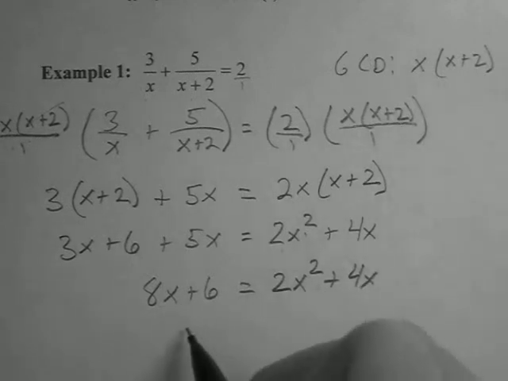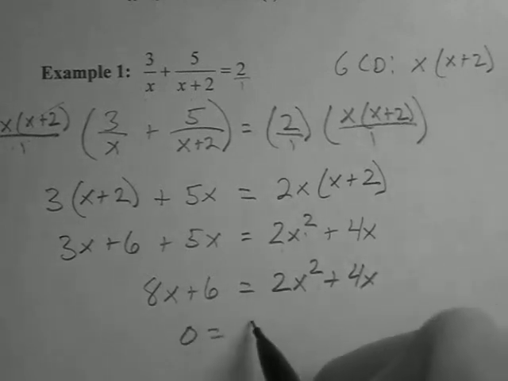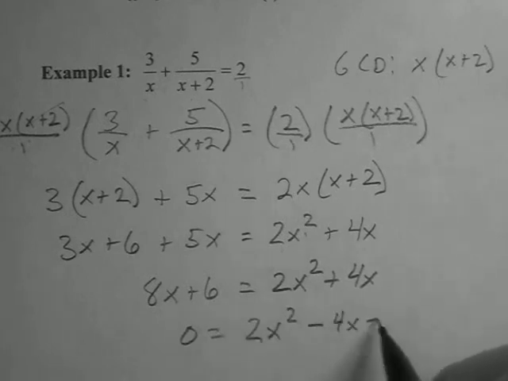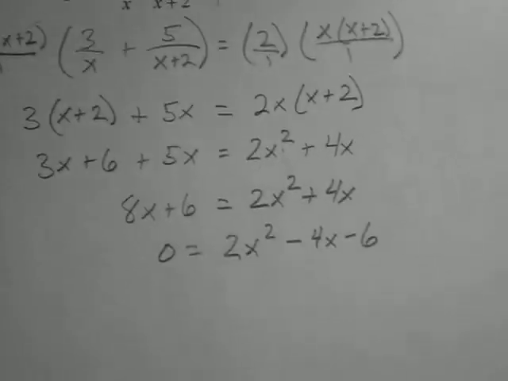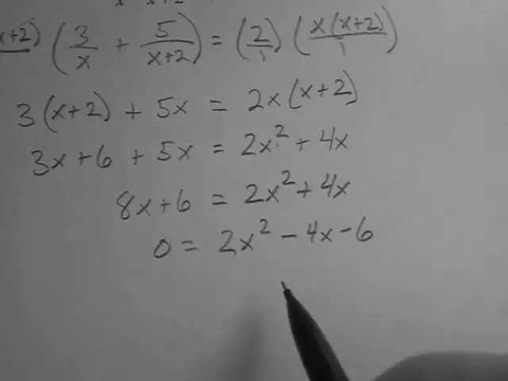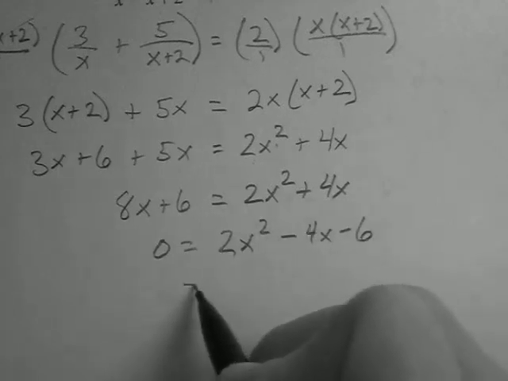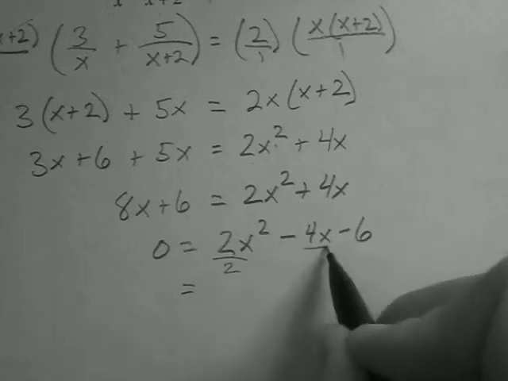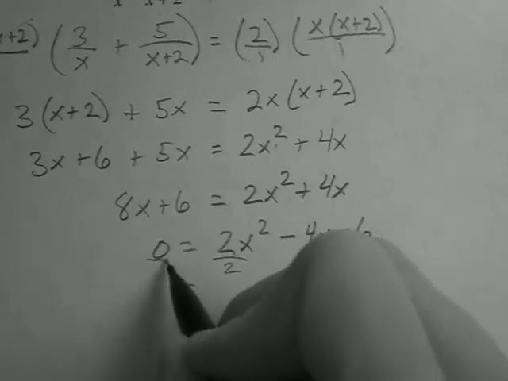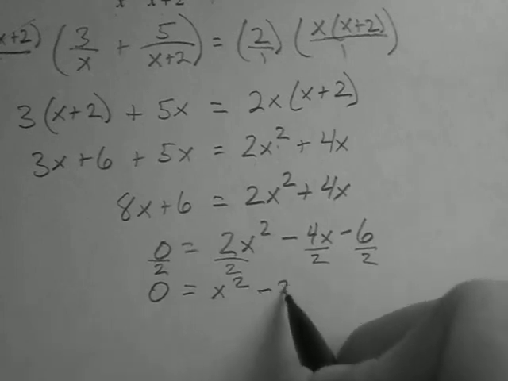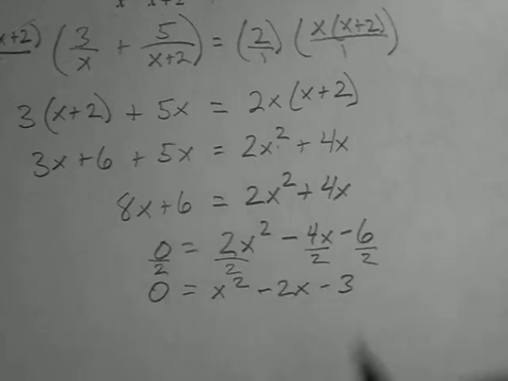Now I'm going to subtract the 8x and the 6. So I have 2x squared minus 4x minus 6. Now from here you just have to solve it. You could use the quadratic formula, you could complete the square. I'm going to try to factor it. And I'm going to divide everything by 2. Divide all my terms by 2. And so I still get 0 equals x squared minus 2x minus 3.